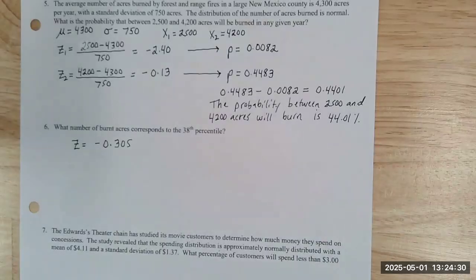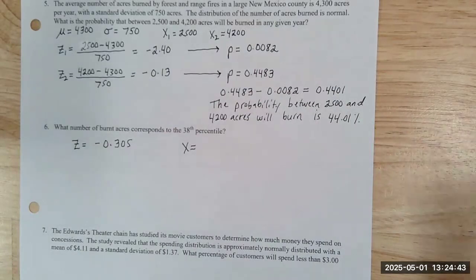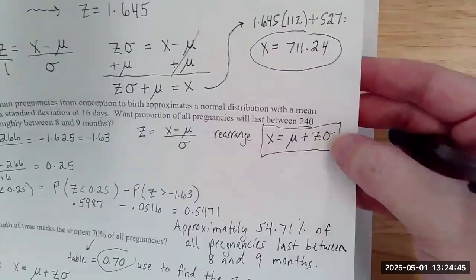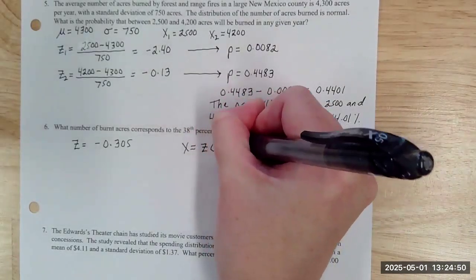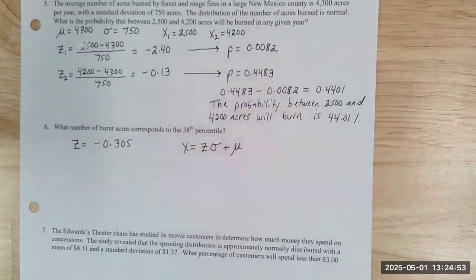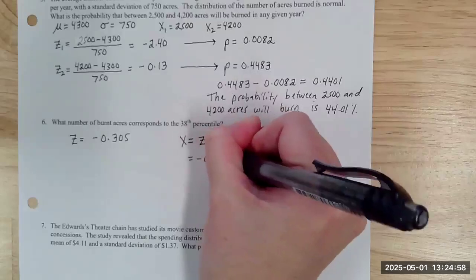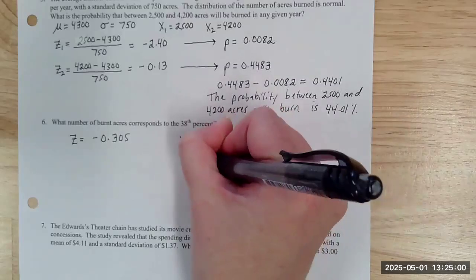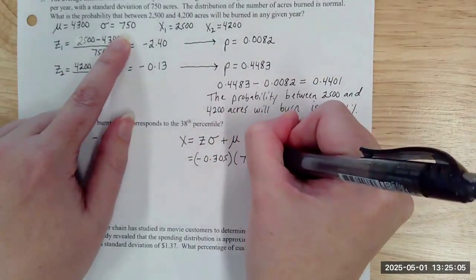Cool. That's not the answer to the question because that's not acres. So what we got to do is use that formula for we have X as the thing we've already solved for. So we want the X is equal to the Z times the sigma plus the mu. Okay. So we just got the Z. Negative 0.305. The sigma for this one is 750.